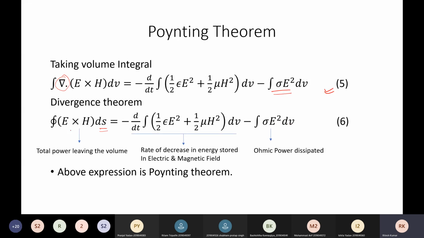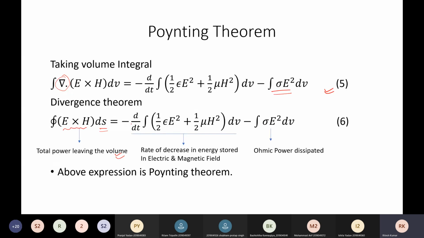What is this term? This actually represents the total power leaving the volume. If we take simply E cross H, it is the instantaneous power, power density. And when we take the closed surface integral of this, it represents the total power leaving the volume.